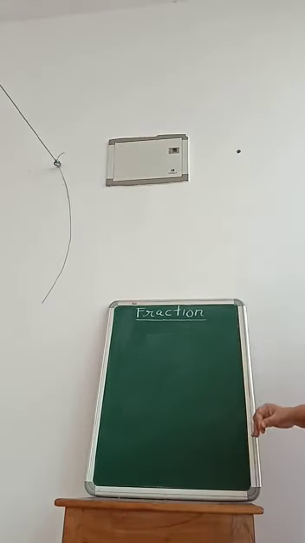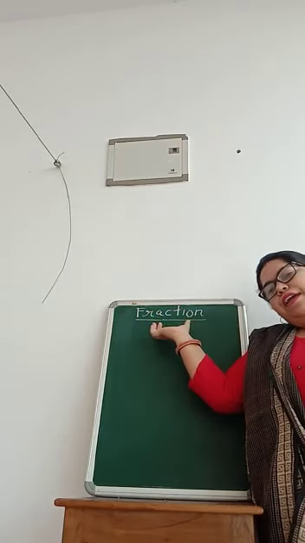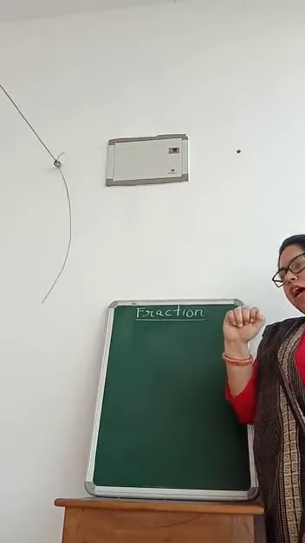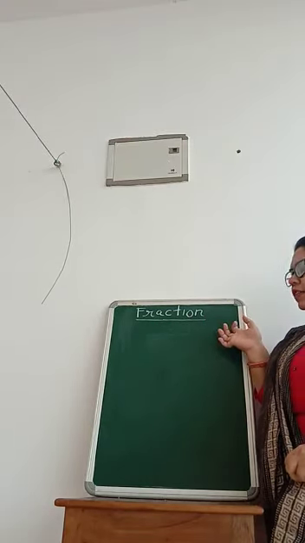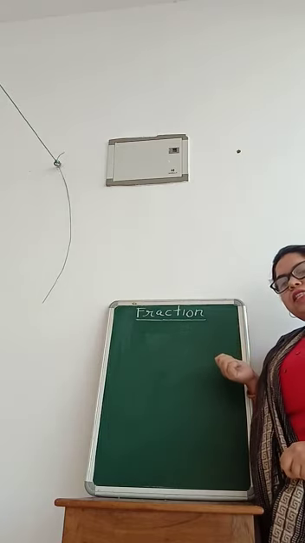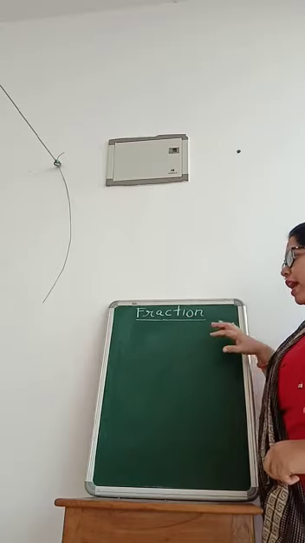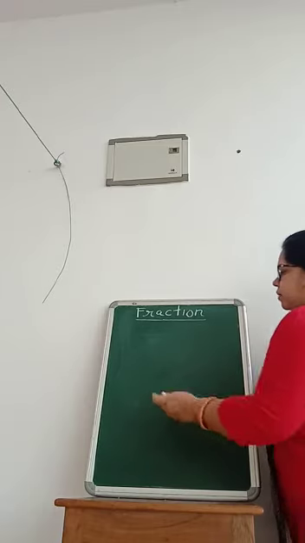Now last time we studied fractions and their addition. I told you what fractions are and how we add fractions, and subtraction also I told you about fractions. Now today I will tell you about the multiplication of fractions.